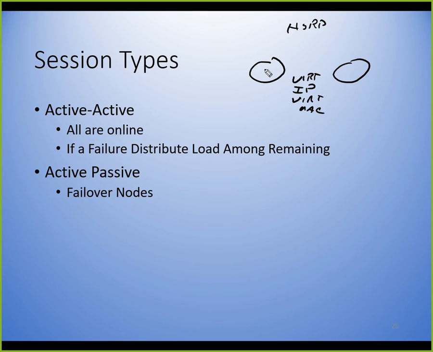So what this has is one active and one passive router, and the virtual IP controls which physical IP the information gets sent to. So we're going to this one. It's going to go out and do its thing.